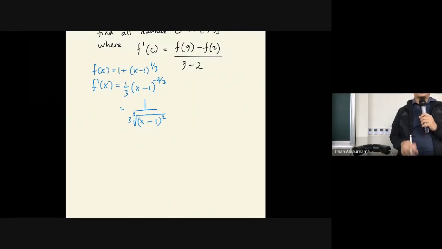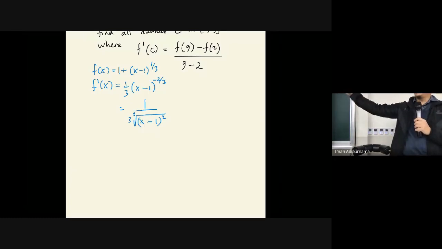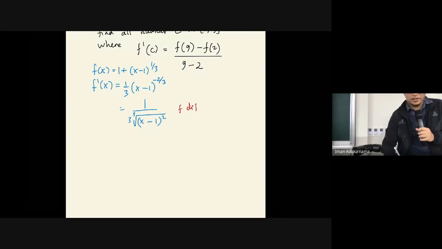But if you get rational expressions in your derivatives, the denominator is x minus 1, so you can write f is differentiable except at x equal 1.